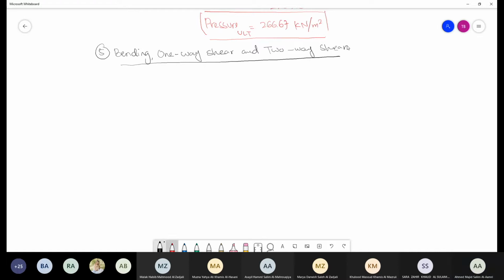Okay. Now what we understood is that we have a rectangular foundation.